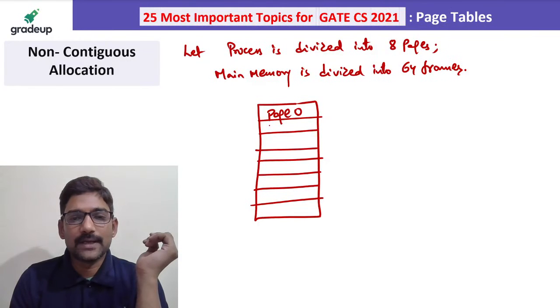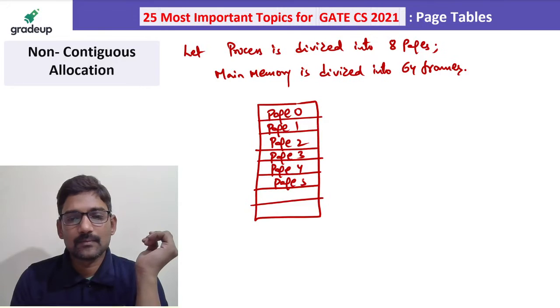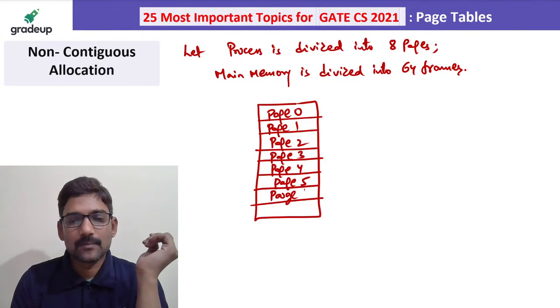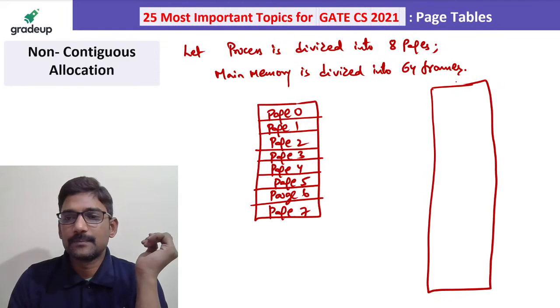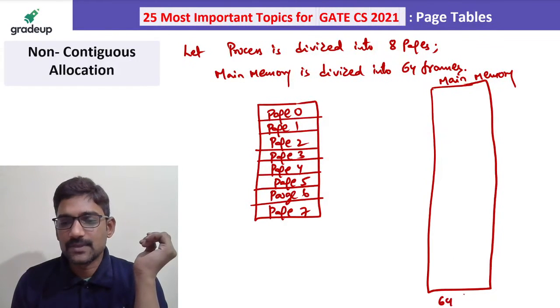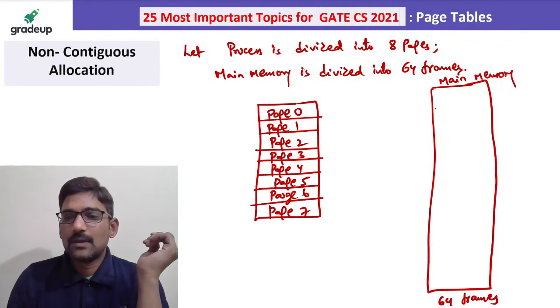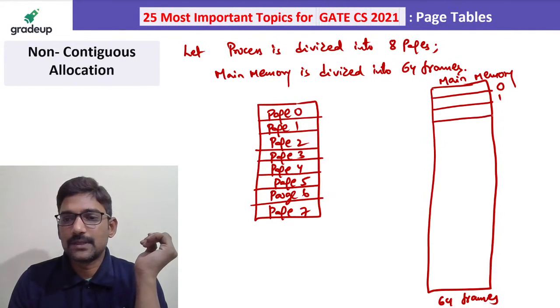These are what we call pages, page 0 to page 7. These pages are stored in main memory. Let's say this main memory has 64 frames numbered from 0 to 63.